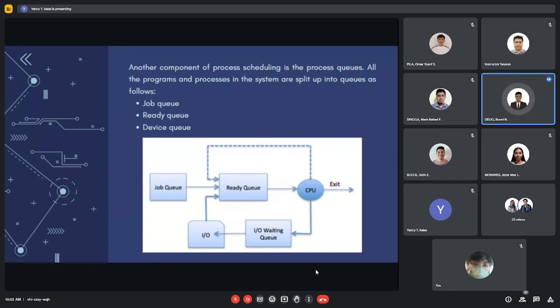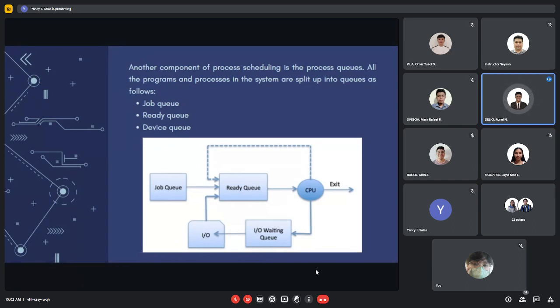So we see here there is a line above the CPU going back to the ready queue. This instance is when a process is executed in the CPU, but another process has a higher priority in the ready queue and must be executed first before the initial process.